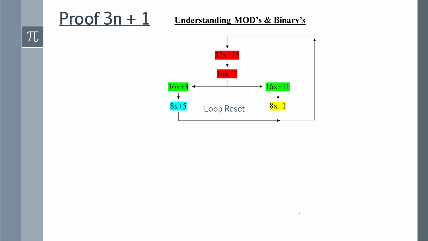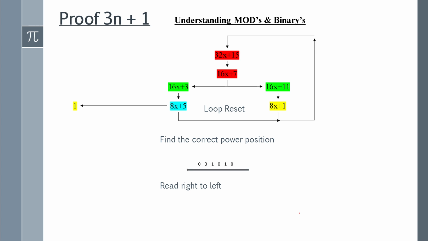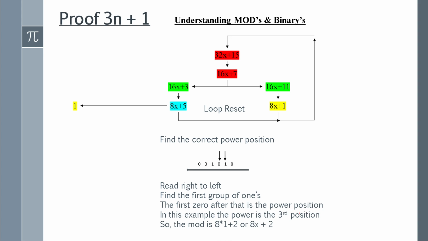Now at some point, we're going to find a 5 mod 8 that's going to take us to the number 1, right? And keep in mind that to find the correct power position, we read the binary from right to left, find the first group of 1s, and the 0 after that is our power position.